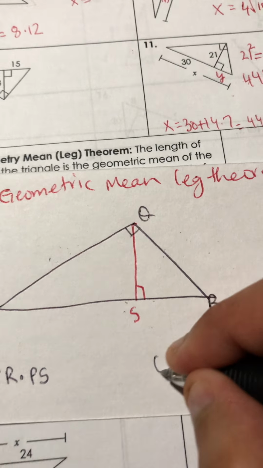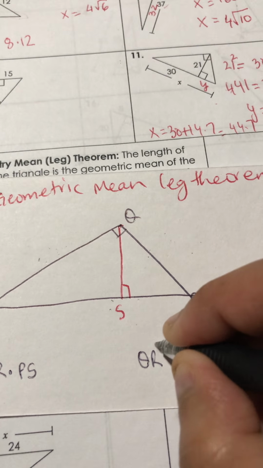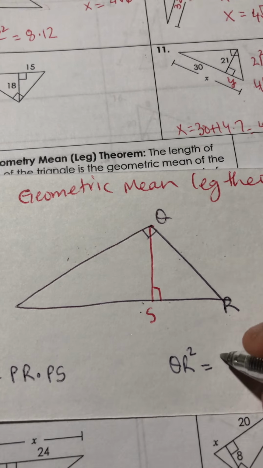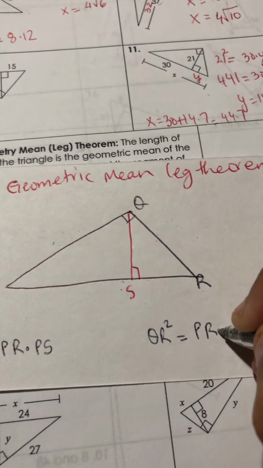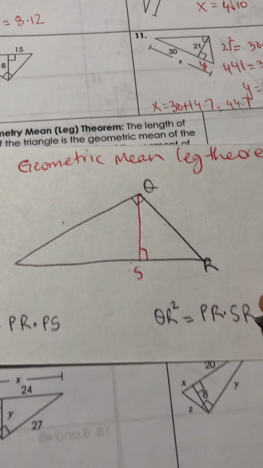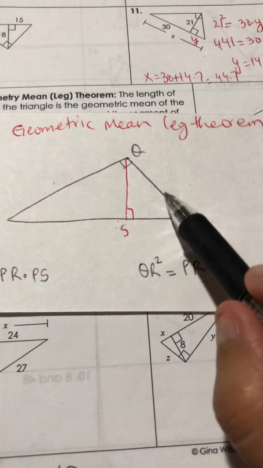So QR squared is PR times SR. This is how we will be finding the leg. This is called the geometric mean leg theorem.